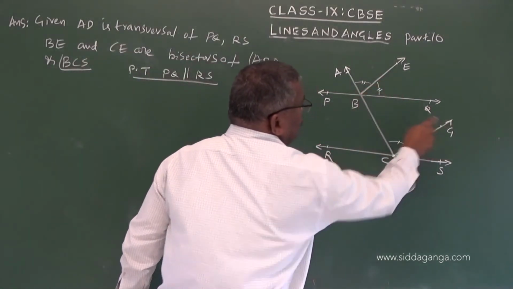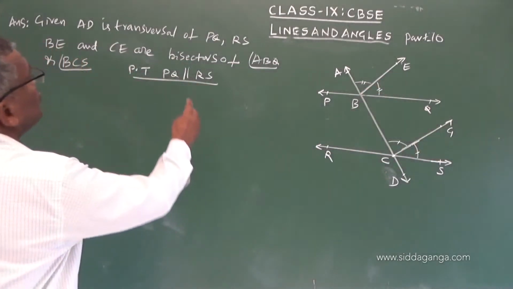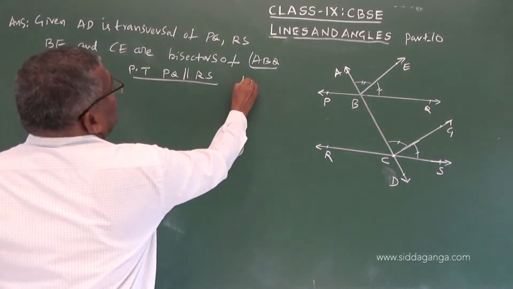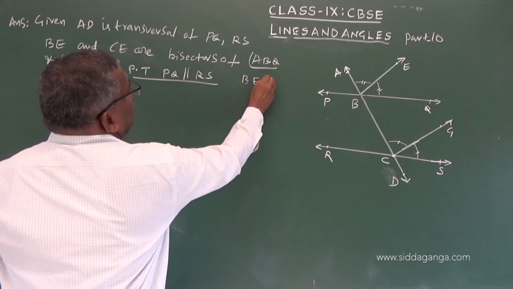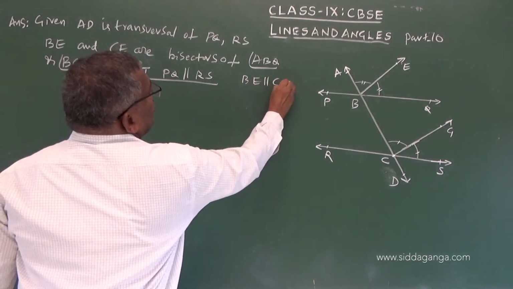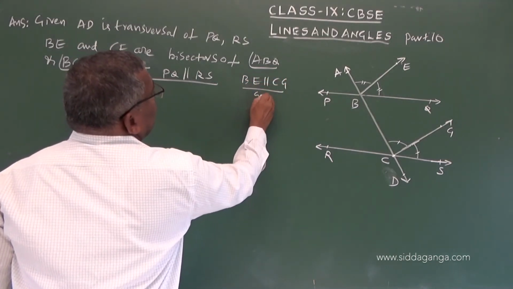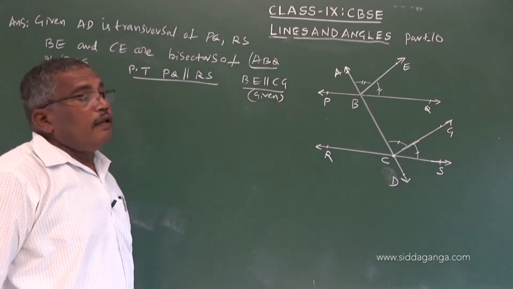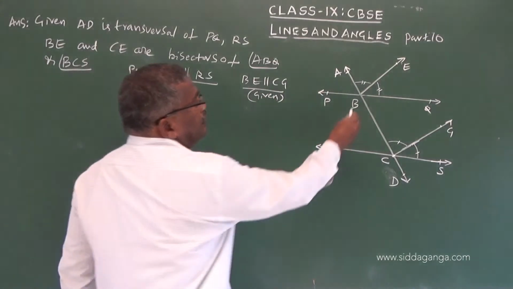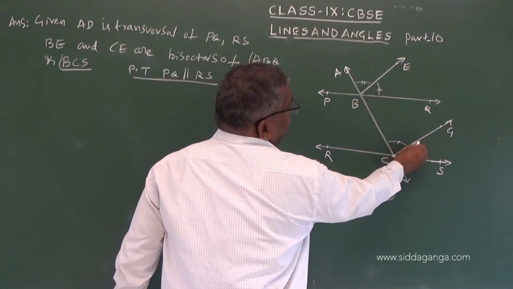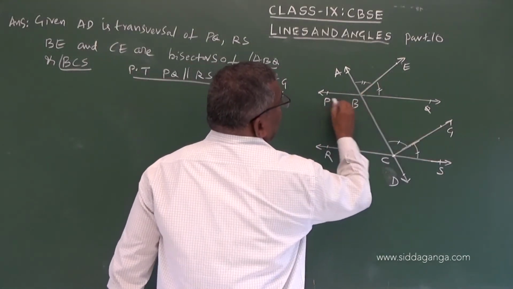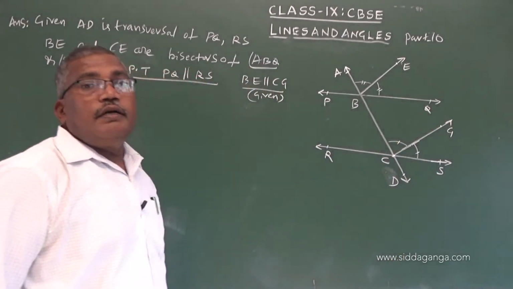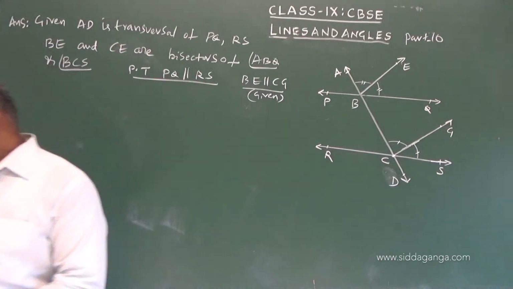BE is parallel to CG. It is given. So this is another data given. Now these two are parallel, so therefore prove that line PQ and RS are parallel.